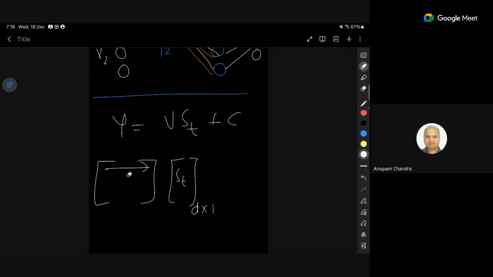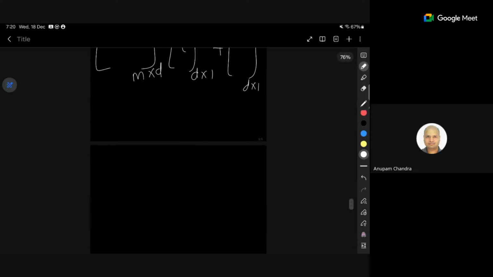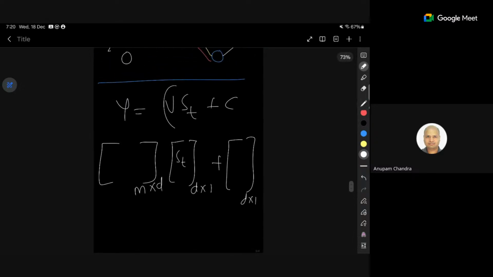So we need at least D columns, and something we'll use here as output. Maybe M we can use for now, and that will give D cross 1 only, right? Sorry, we'll apply softmax over it also.